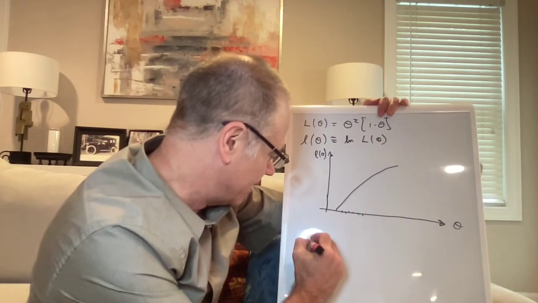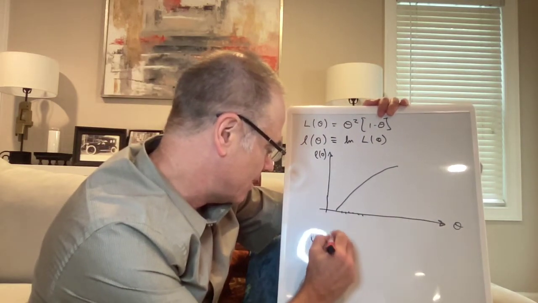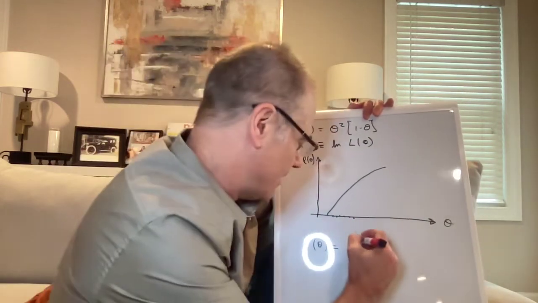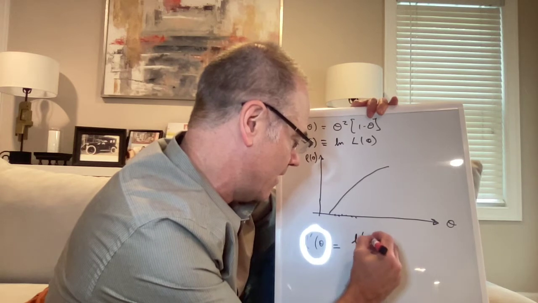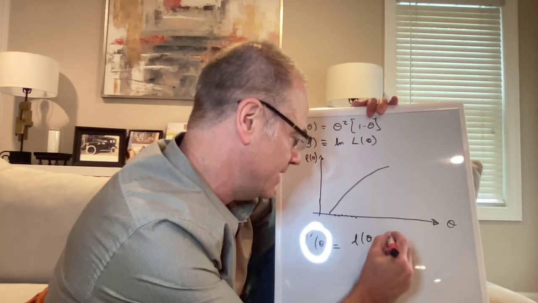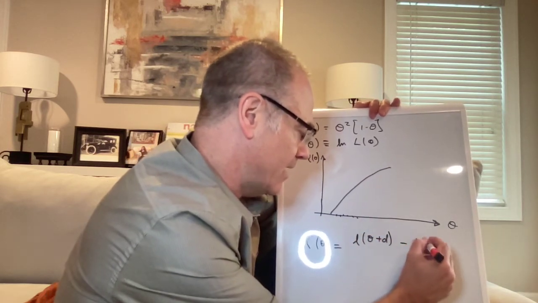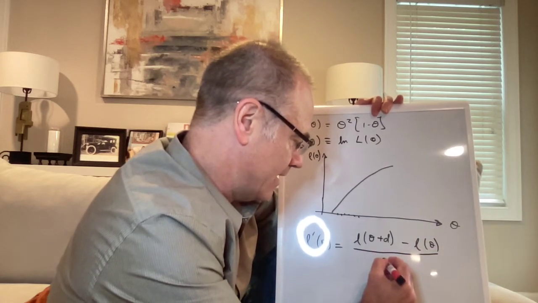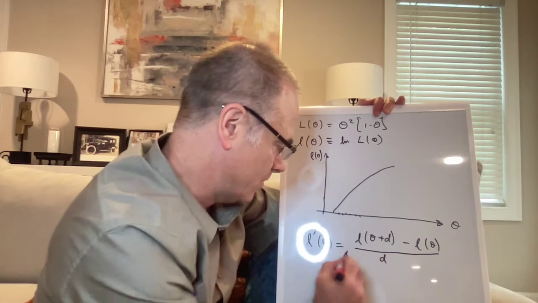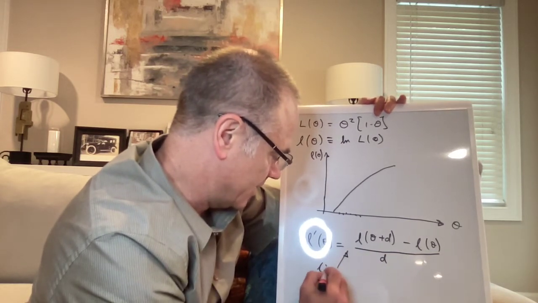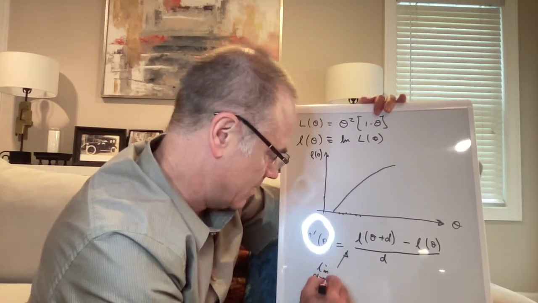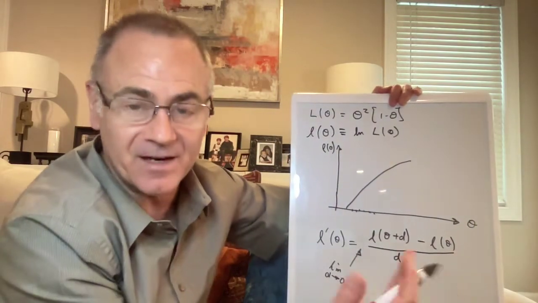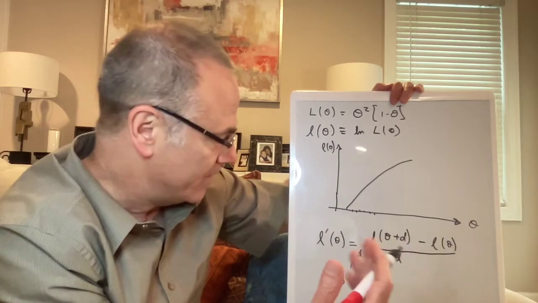I'm going to call it l prime of theta, and that is defined to be l of theta plus d minus l of theta, divided by d, where we take the limit as d approaches 0. That's the definition of a derivative.